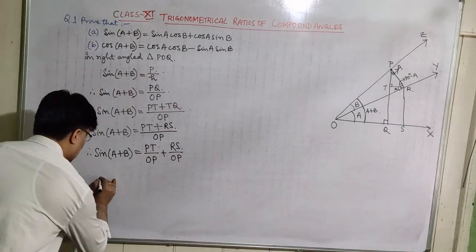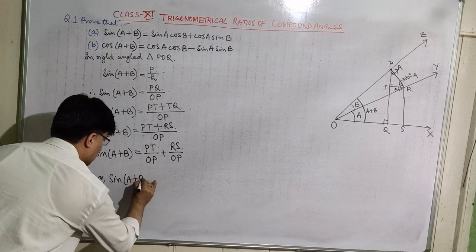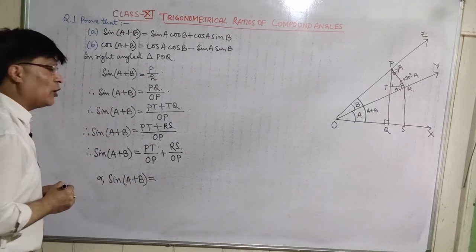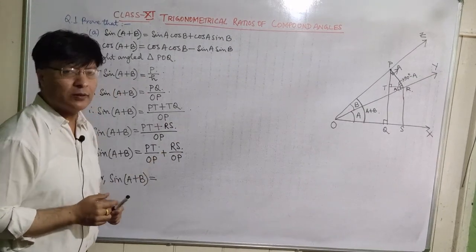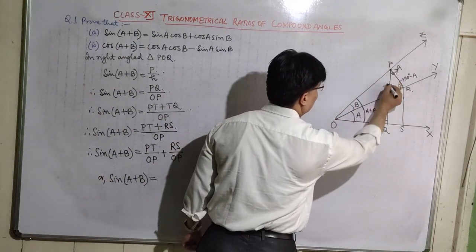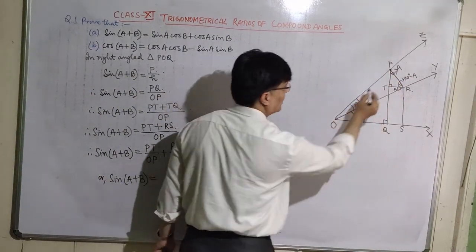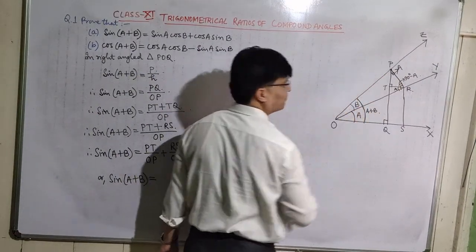So next, sine of A plus B is equal to, now PT and OP. Where is it in the figure? This is PT and this is OP, isn't it?